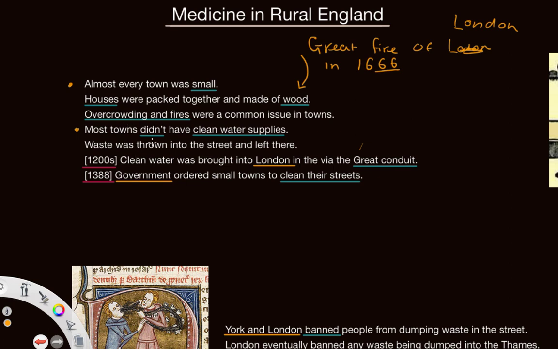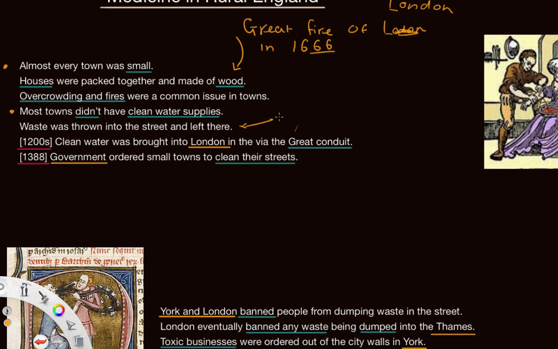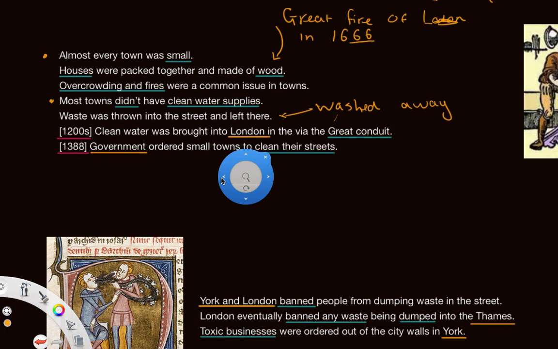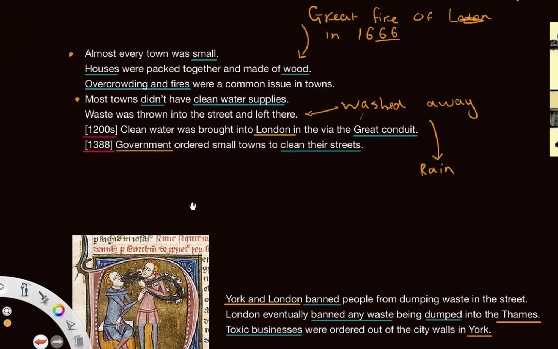Therefore, waste was just thrown into the street, and it was left there until it could be washed away, either by people with water buckets or mainly by rain.